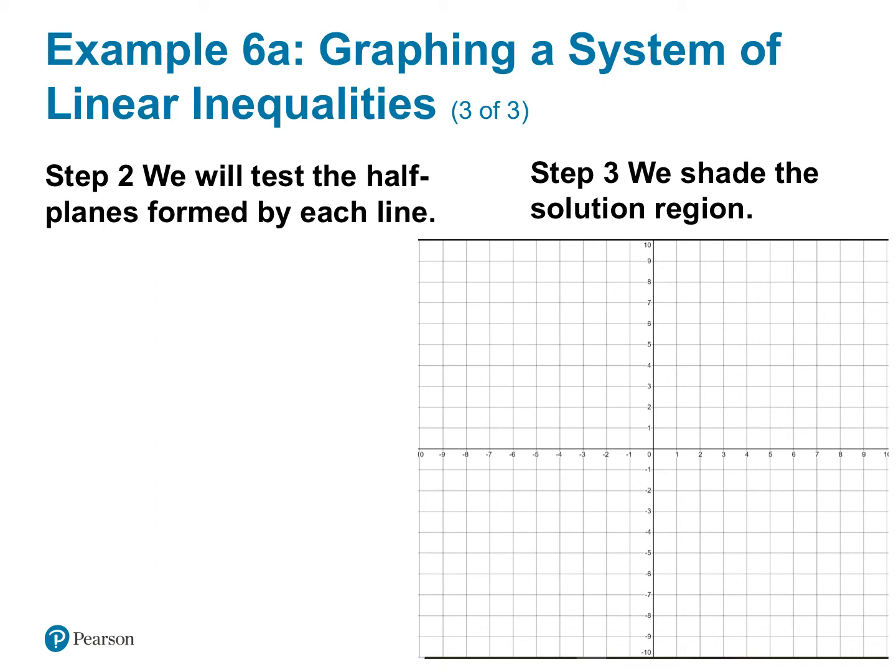Okay, so now we're going to do our testing. So let me go ahead and plot those points again. I had these with a dotted line. And we had a solid line for the other one.